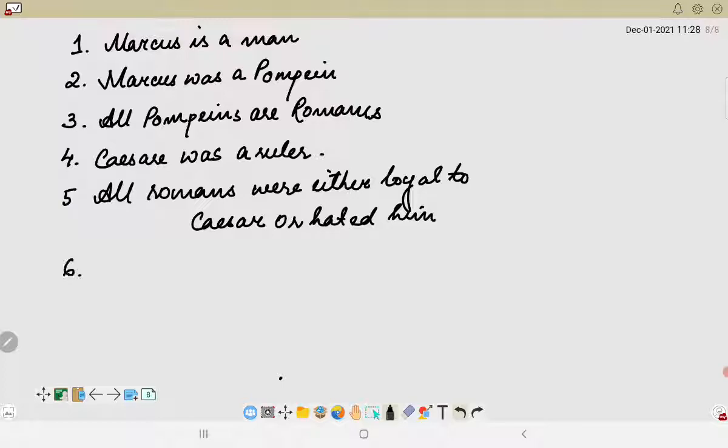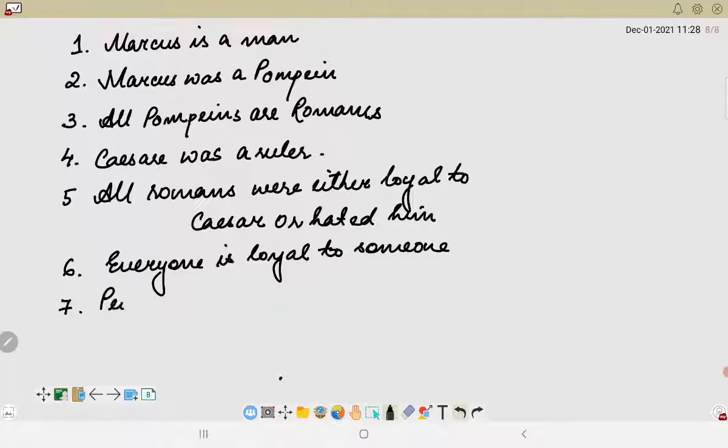And number 6 is everyone is loyal to someone. Number 7 is people only try to assassinate rulers they are not loyal to. Okay, so people try to assassinate rulers that they are not loyal to.